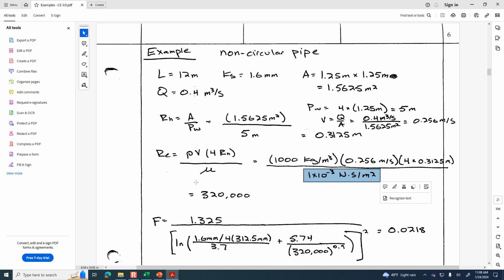And then with the Reynolds number and the relative roughness, we can calculate the F value with the Jain equation. So remember, the Jain equation usually has, in this first term, the equivalent sand roughness divided by 3.7 times the diameter. This time, instead of 3.7 times the diameter, it's divided by 3.7 times the 4 times the hydraulic radius.